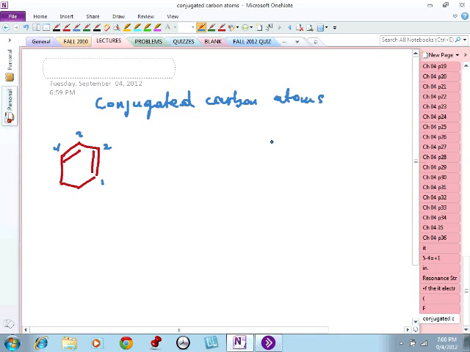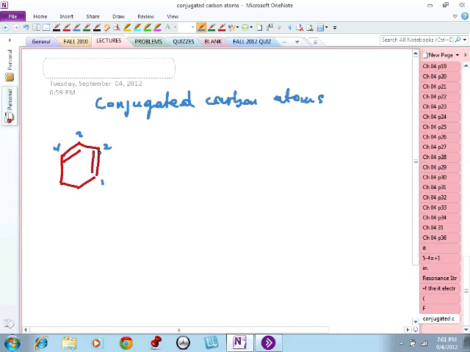Anytime you have a series of sp2 or sp3 atoms joined together, those atoms are conjugated, and you can move electrons along their p orbitals. You cannot simply jump from here directly to here. It has to be along the carbon skeleton.